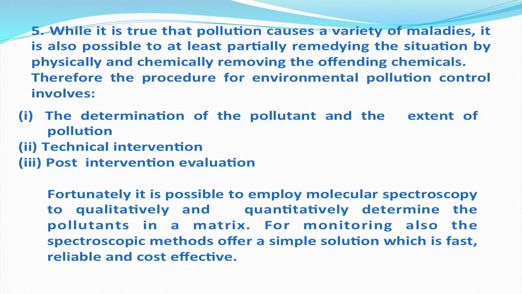That is, we call it a matrix. Suppose you want to determine sulfur dioxide in air. So, air is a matrix. Now, that air may contain nitrogen, oxygen, sulfur dioxide, nitrogen oxides, sulfur compounds, organic compounds, inorganic compounds, and all those paraphernalia.